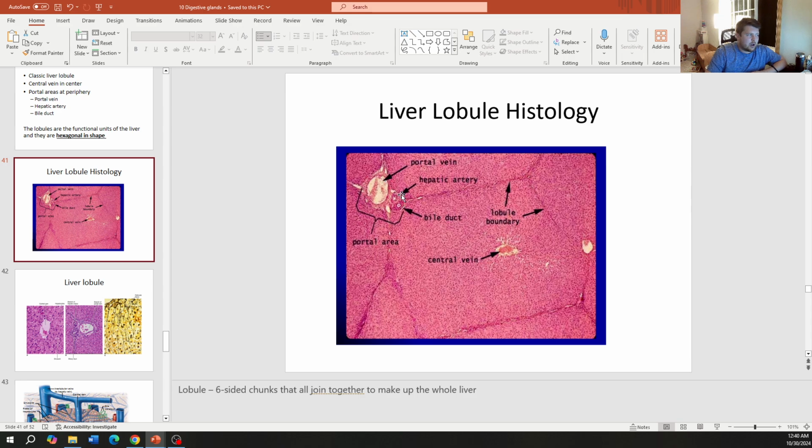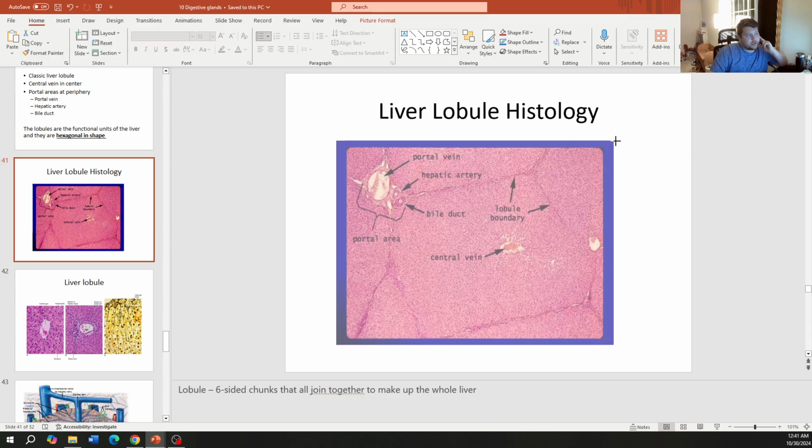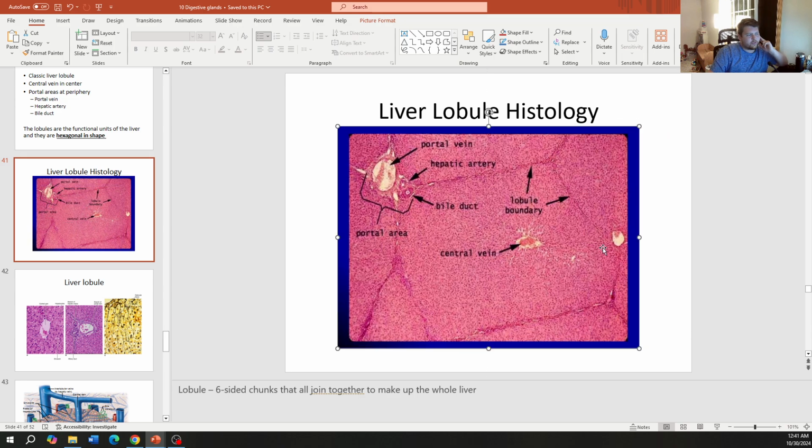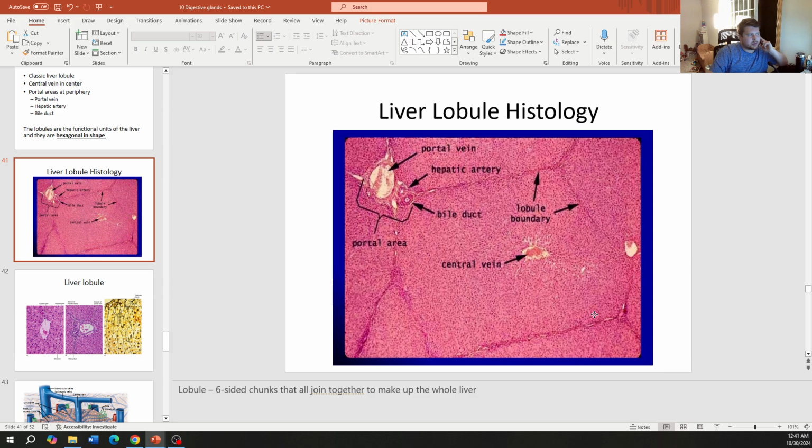And then on the outside of them, on the periphery, we have that bile duct, hepatic artery, and the portal vein. And then we have the central vein in the middle of the lobule. This is all really good testable material, as well as lab, especially lab. You'll get quite a few questions on the liver with pictures and stuff like this.